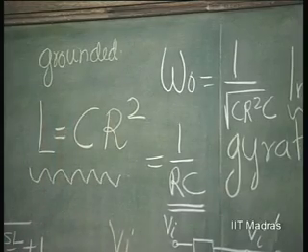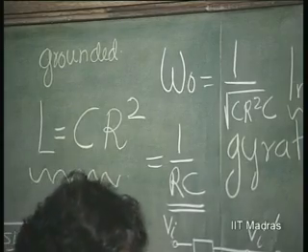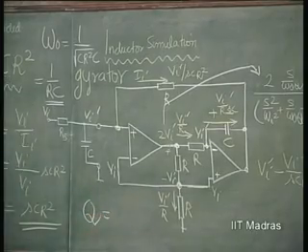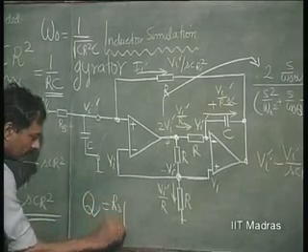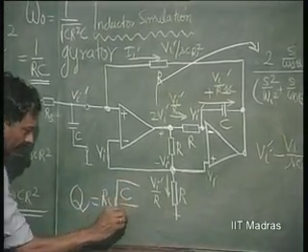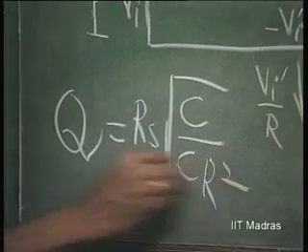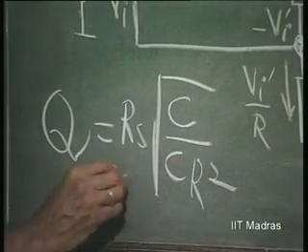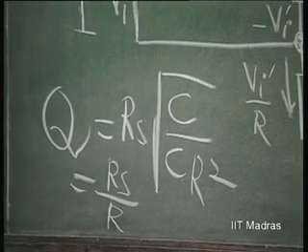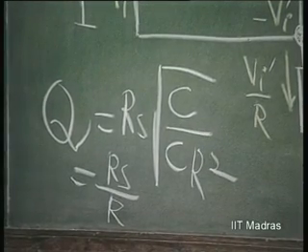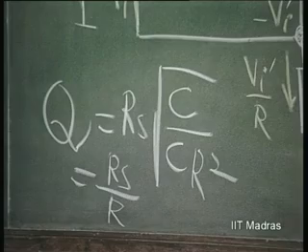Next, we would like to know what Q is. Q is given by Rs into root of C by L, which is C into R squared, which is nothing but Rs by R. So, this is a very simple design.